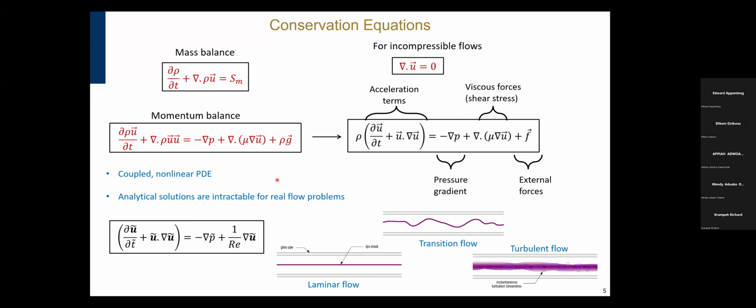So none of those models, apart from DNS, which resolves everything, but that could take you a lot of computational power to actually achieve. So what people do is utilize RANS, Reynolds-averaged Navier-Stokes equations, or large eddy simulations. With both models, you need closure equations.